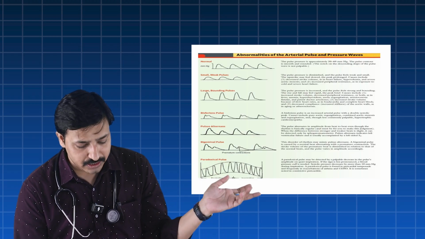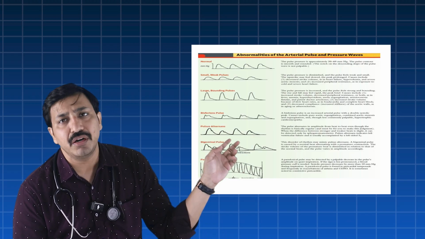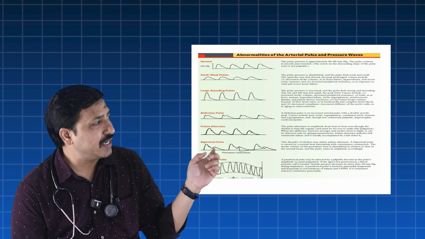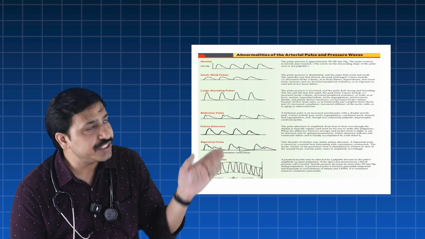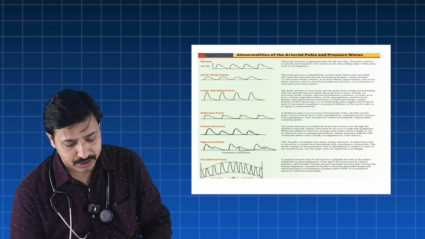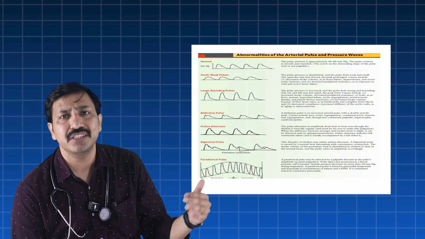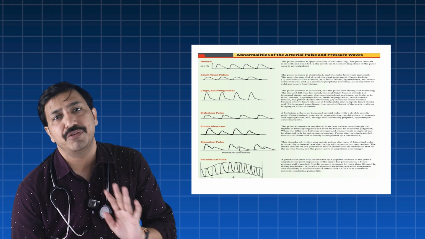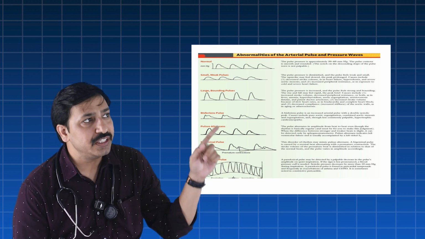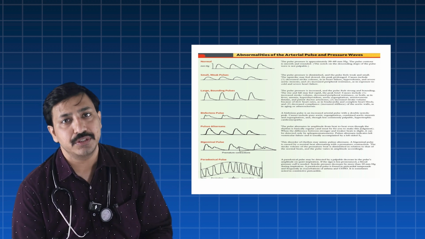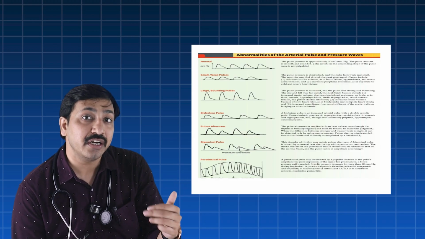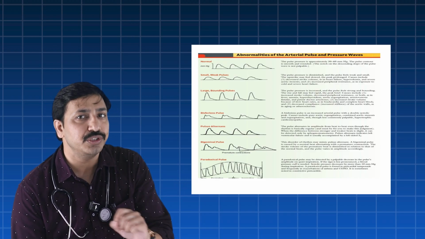These are normal waveforms, small weak pulse, large bounding pulses, and pulse differences. These are things that we see on the monitors in the ICU. Similarly, we will see the same things in the fetus, where there will be different changes in the Doppler waveforms. Through these changes we will identify where there is decreased blood flow to the end organs.